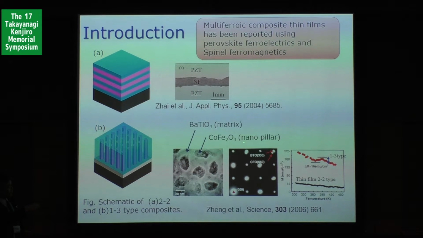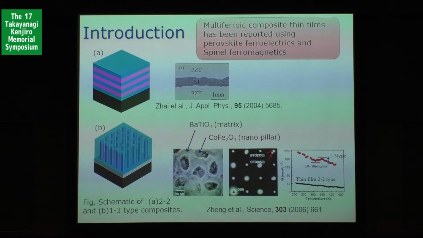In this structure, both the perovskite structure and the ferrite spinel structure are epitaxially grown on the substrate. The special feature of the interaction has been measured and reported.